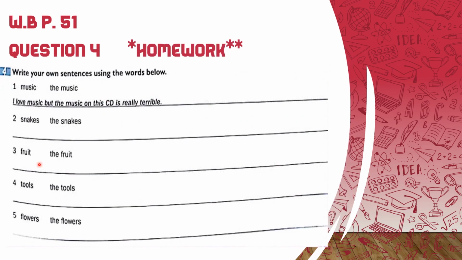And this is the last question, my students. Number 4, write your own sentences using the words below. You have to write sentences like number 1: I love music, but the music on the CD is really terrible. If you want to mention it for the first time, you have to recognize that these words are plural nouns or uncountable, like snakes, tools, flowers, fruit, and music.